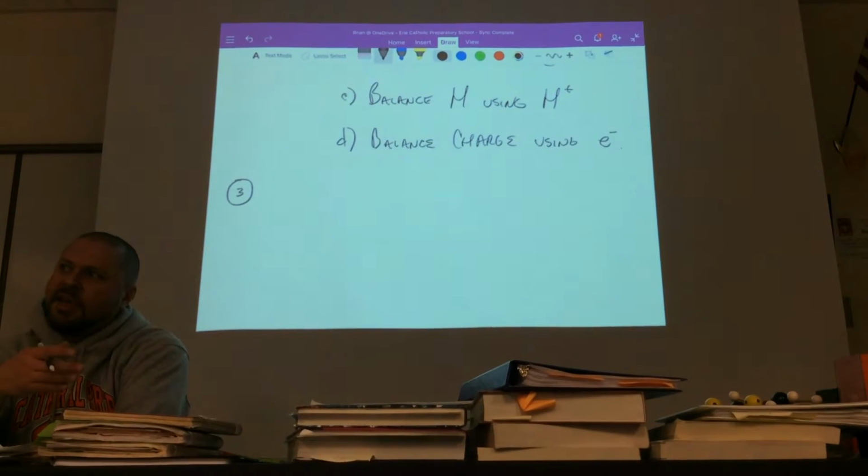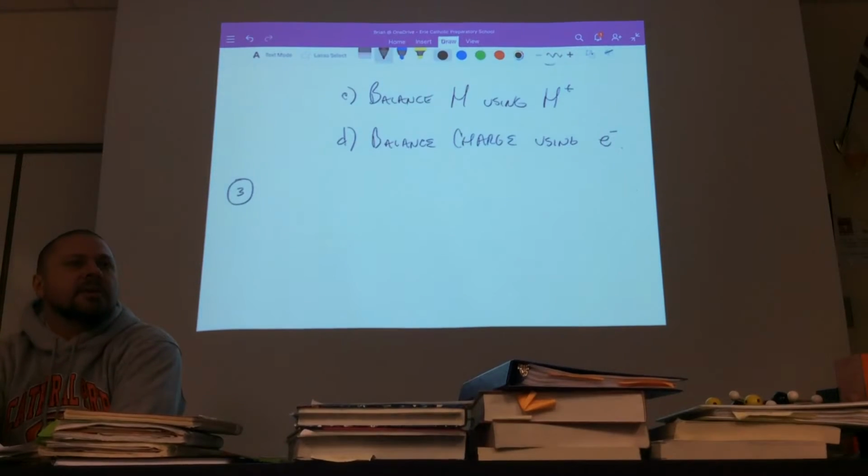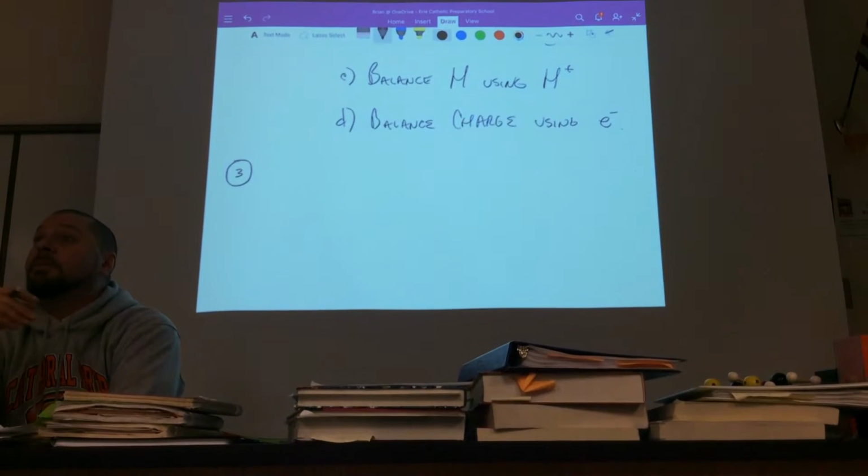Whatever one thing loses, the other one has to gain. And so if there's a discrepancy on how many lose or gain, we have to adjust the one that's smaller up to the one that's bigger, or find a common multiple.